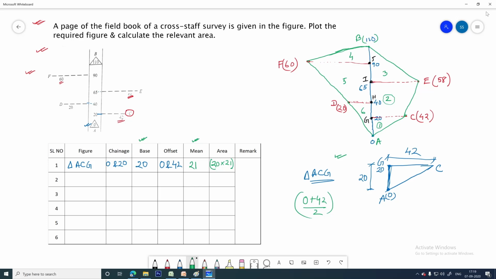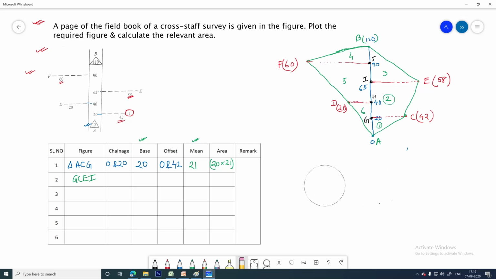So you can write over here trapezium GCEI, G, C, E and I. In this trapezium portion we can write the same thing. Which one am I considering? G, C, E, I, right? So the shape is something like this.